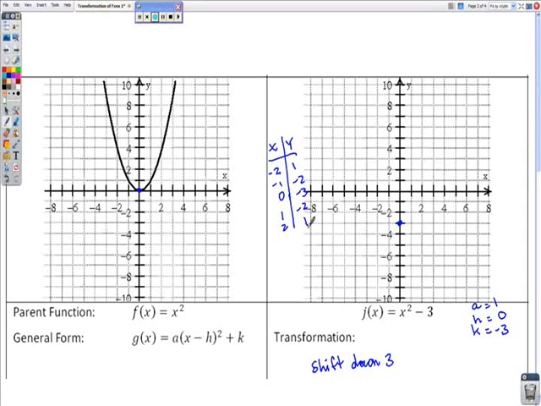And we can graph those points, and we draw ourselves a nice curve here. That's our quadratic function.